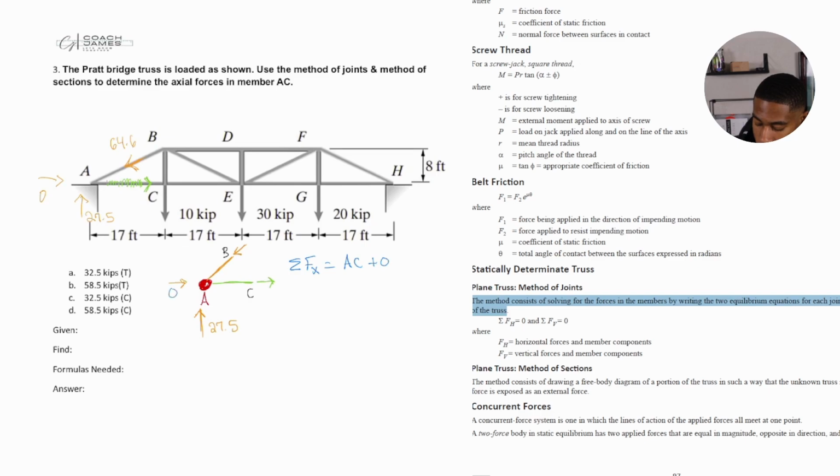This one is 0 newtons. All right, AB. I would expect that AB in the X direction is going to the left, and it's coming down in the Y direction. It's going down and to the left.